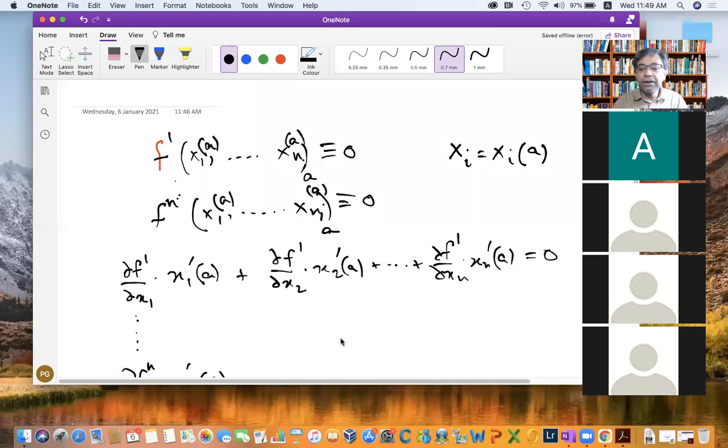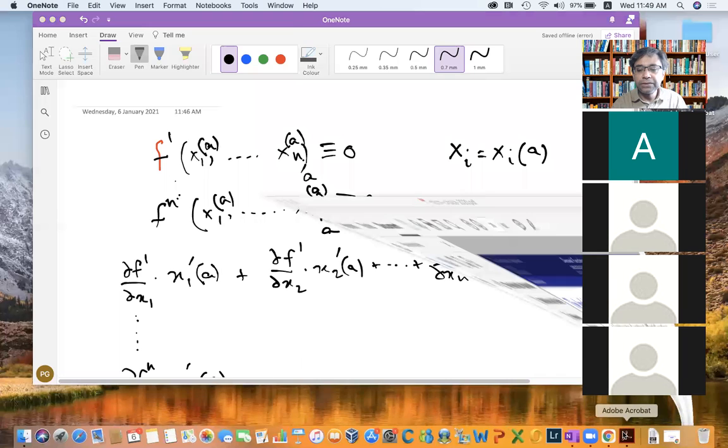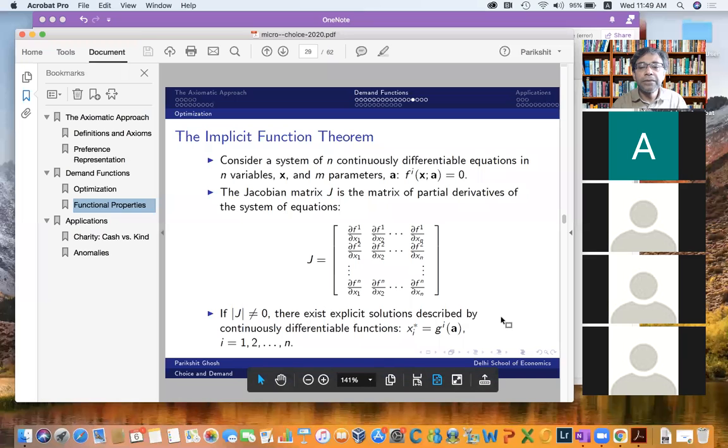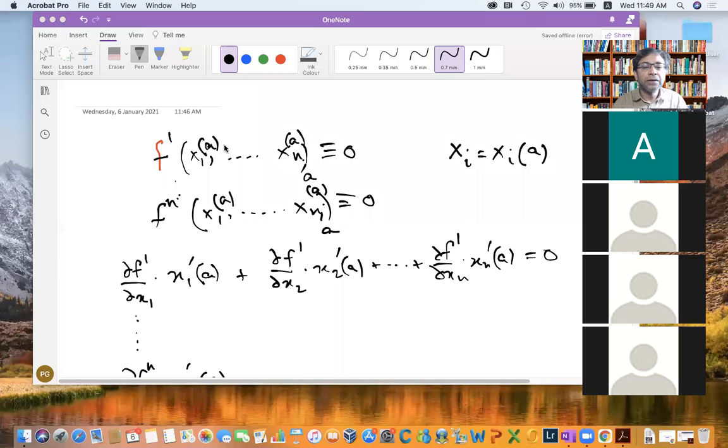Sorry, I missed one term. When I'm differentiating with respect to A, A itself affects the value of the function, right?